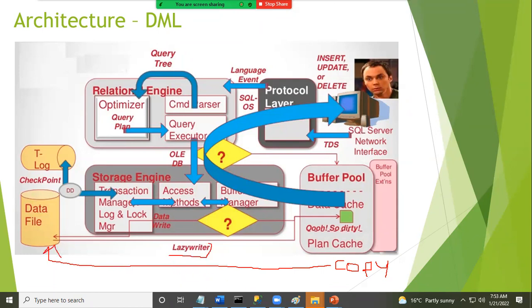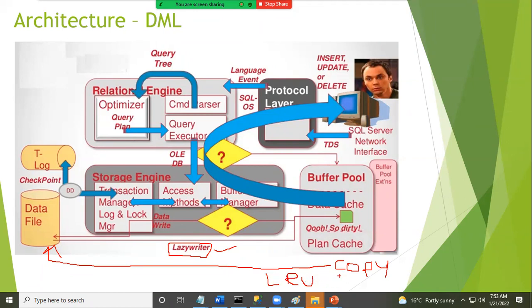So what does Lazy Writer do? If there is any memory pressure, it will check and follow an algorithm, the LRU algorithm, the least recently used algorithm.